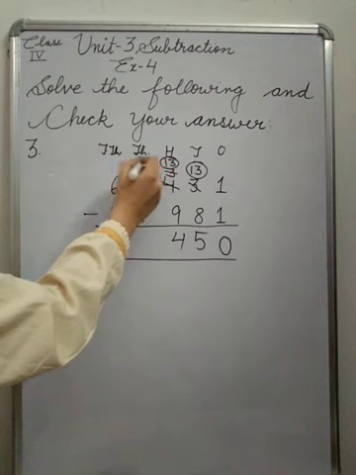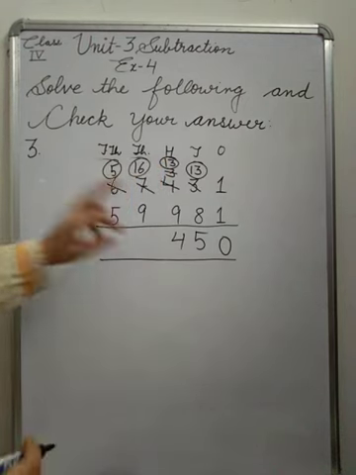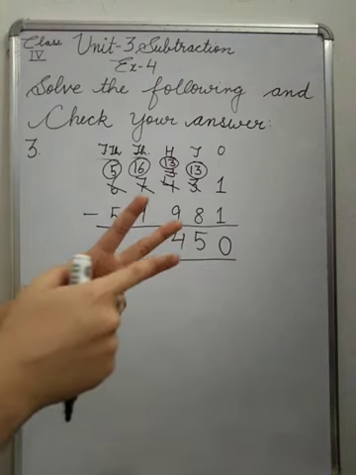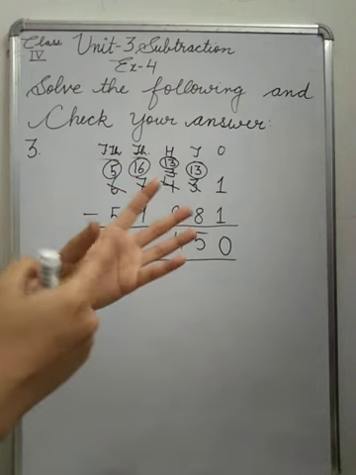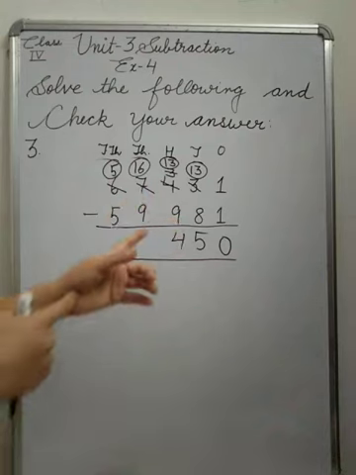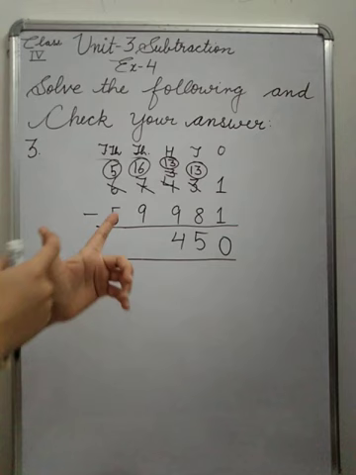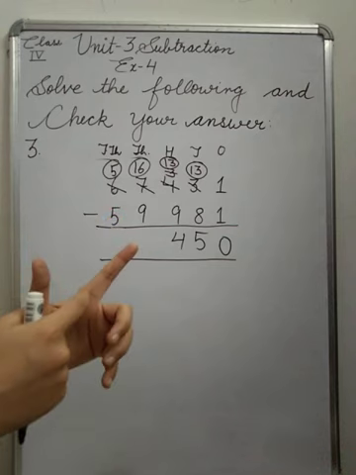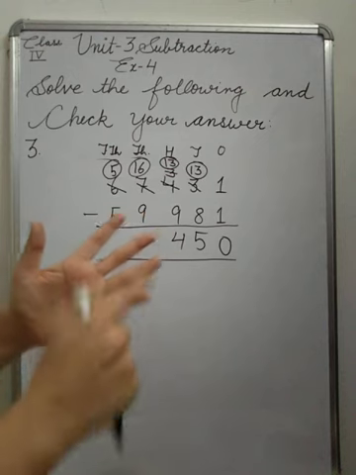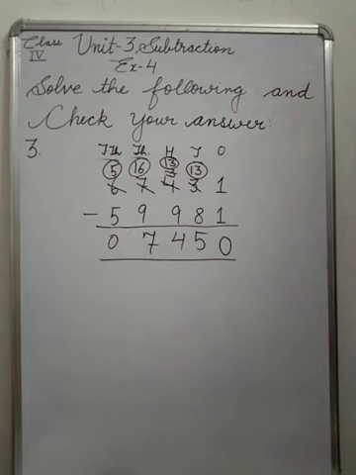So it will become 16, and here it will become 5. 16 minus 9. Remember that we are taking 4. Subtract 9. What is remaining? 7. Write it here, 7. 5 minus 5, it is 0.